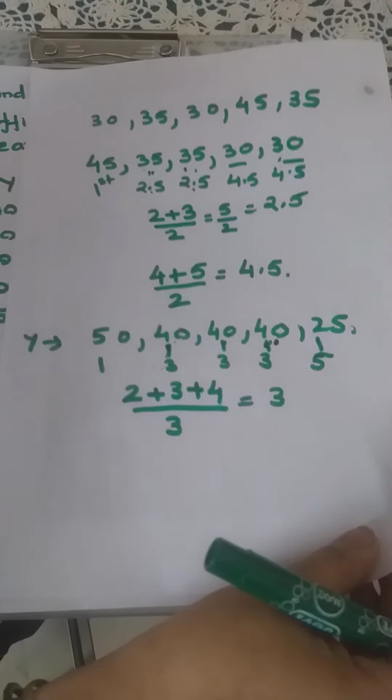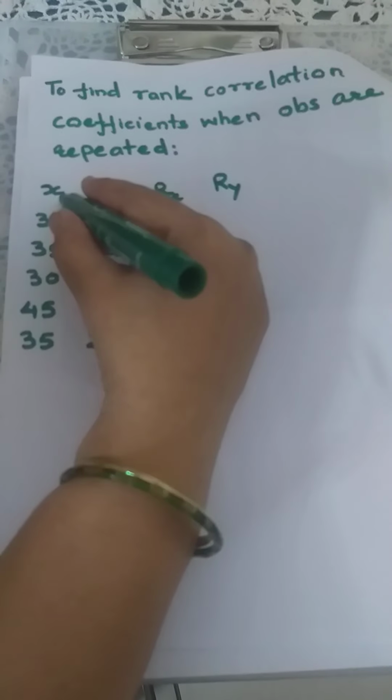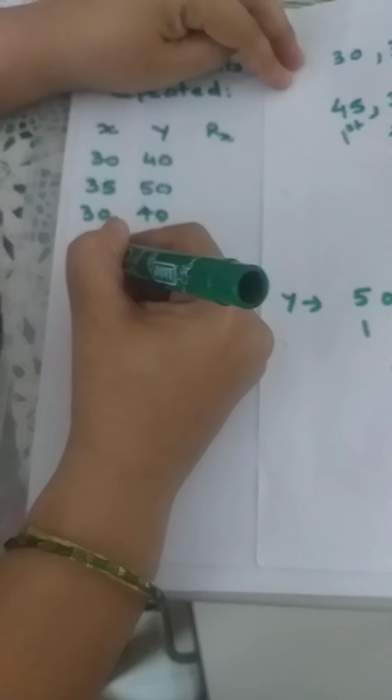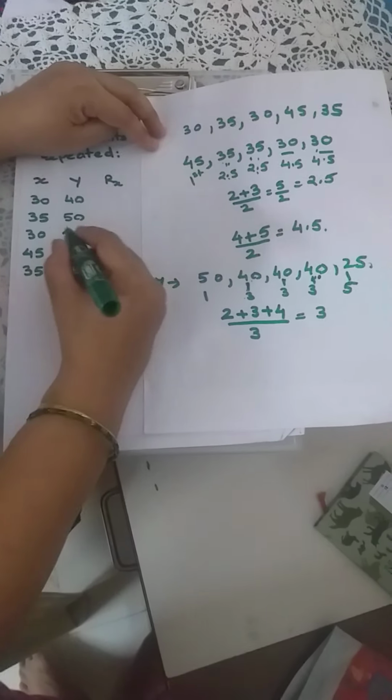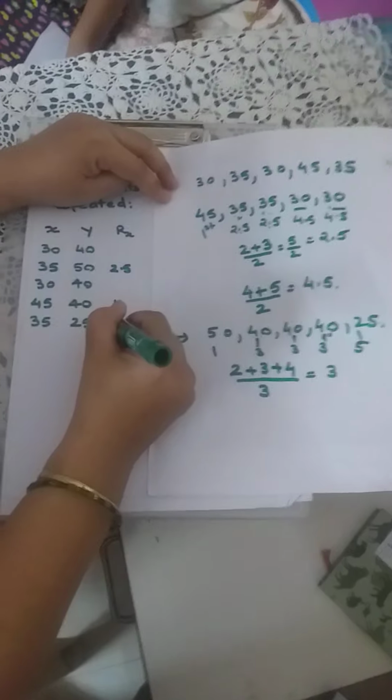Now the similar thing I will write in my table, and we will write here Rx and Ry. Rx is the rank given to the x observation. Here the first rank was given to 45, so I will write here 1. Then 2.5 was given to the 35 and 35.